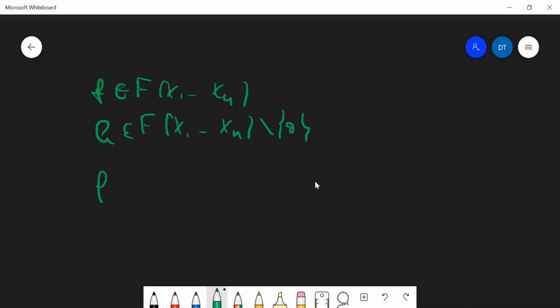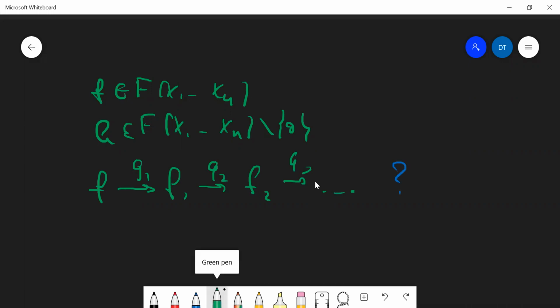But what's interesting is you may make a division process, like you reduce f by g1, then by g2, then by g3, etc. And the question is whether this process stops. And the answer is yes. The process always stops.